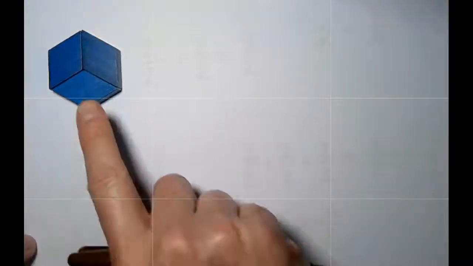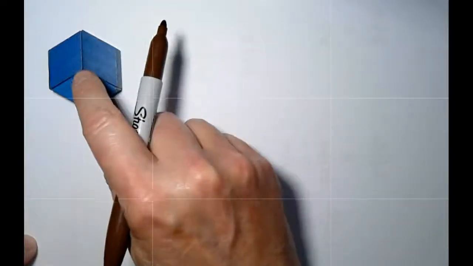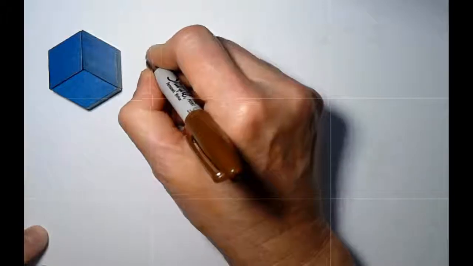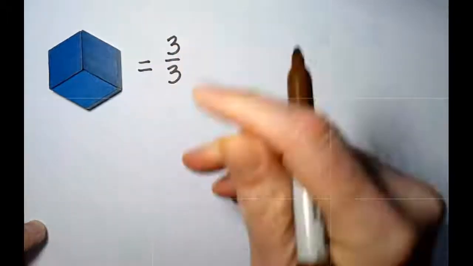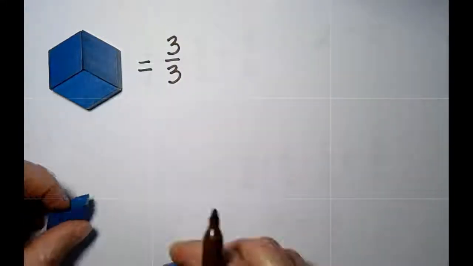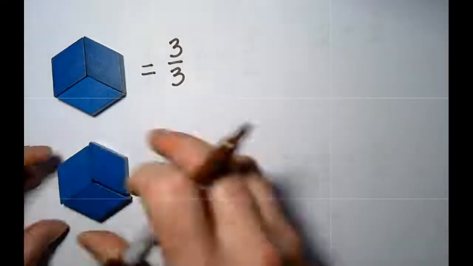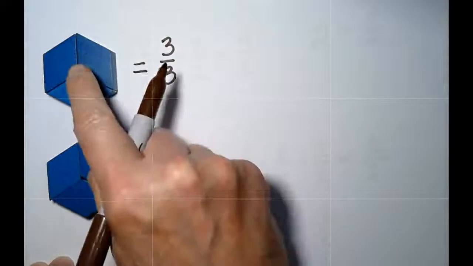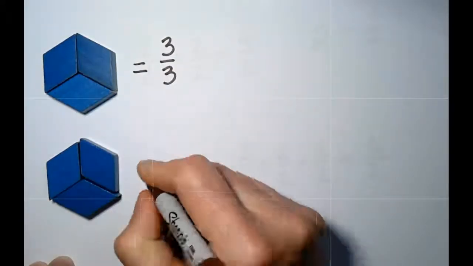Same concept, looking at writing this as an improper fraction. If I just have one whole unit and it is divided into 3 parts, that one whole is equal to 3/3. If, however, I have 2 wholes, one whole plus 1 whole is 2 wholes.